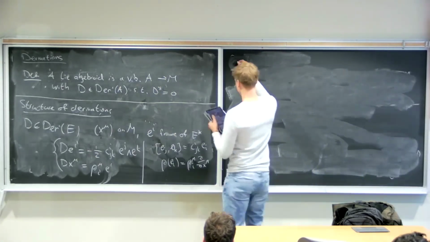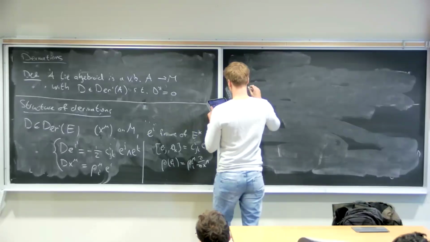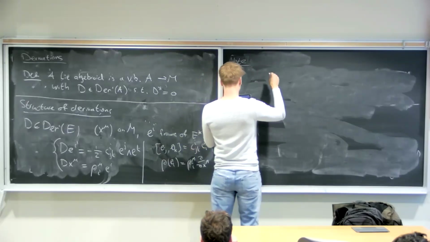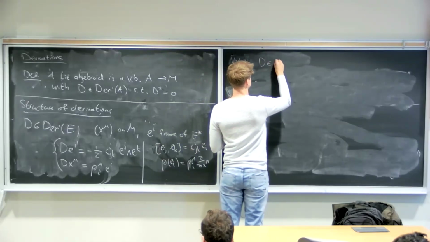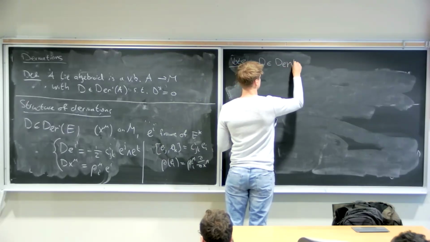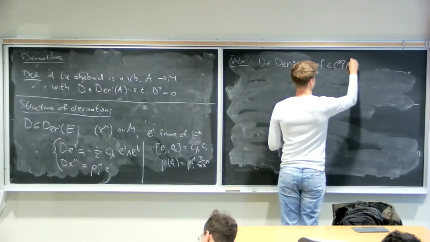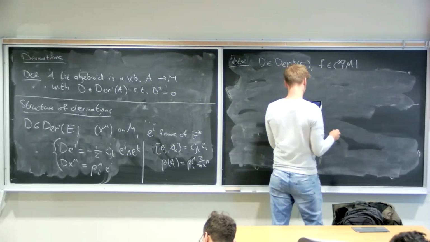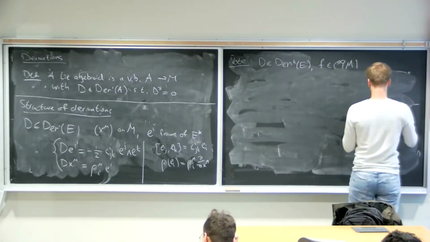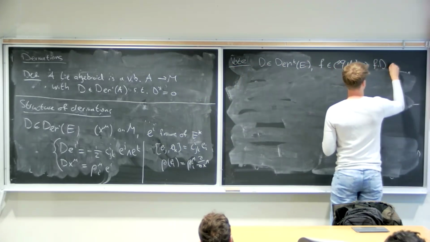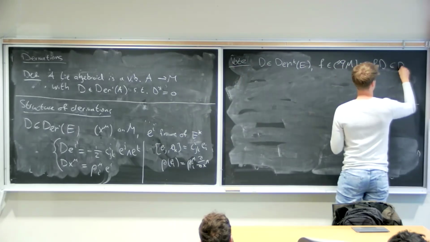Okay, so the space of derivations. Now we go back to k derivations. If you take a k derivation d on a vector bundle and f a smooth function, then f times d is again a k derivation.